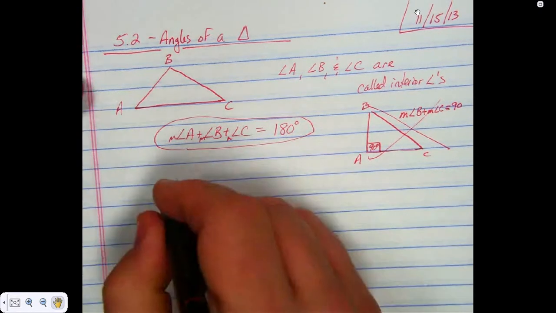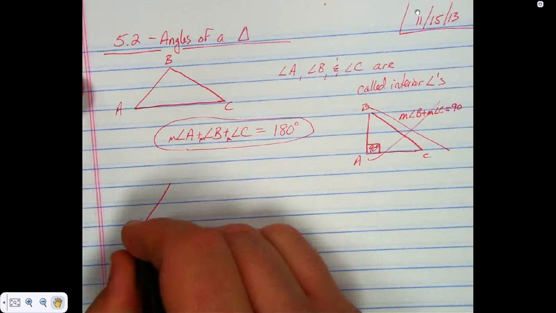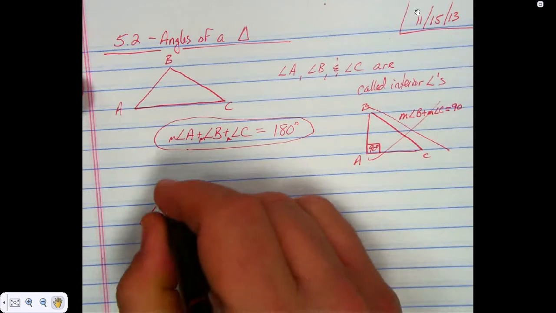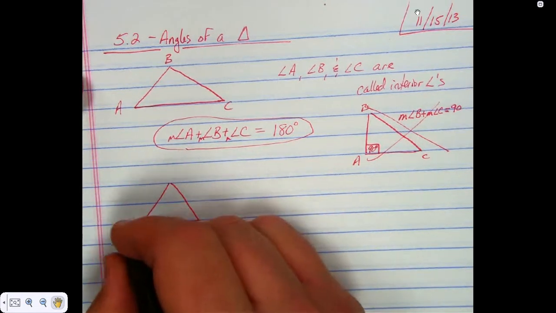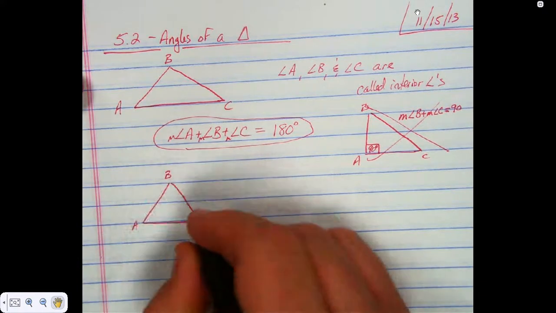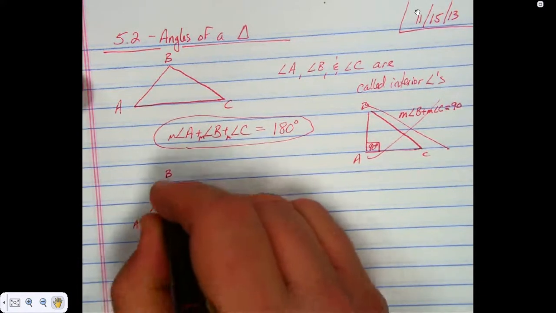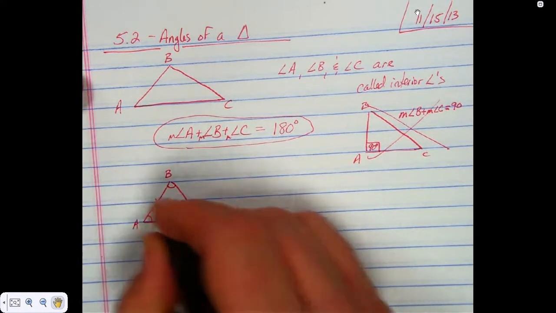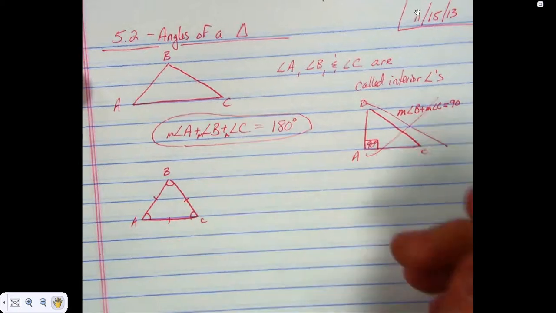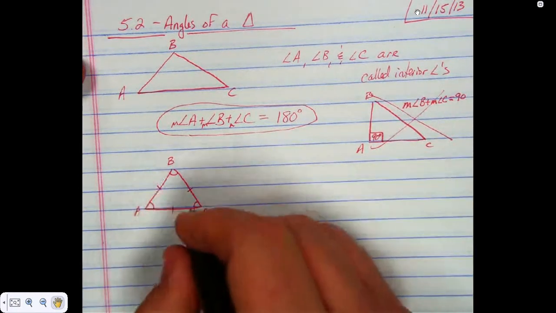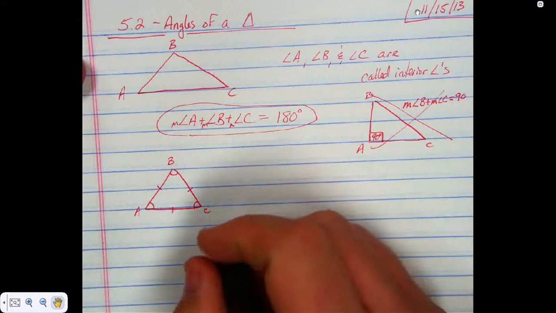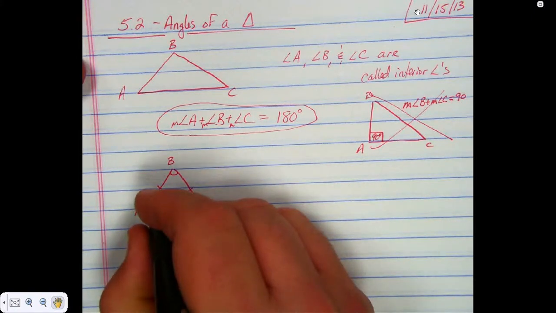So, what if all the angles are the same? What if I said all of these were congruent? And by the way, if all the angles are congruent, guess what all the sides are? Congruent. What do you think the measure of each of these angles has to be? 60. Why is that?